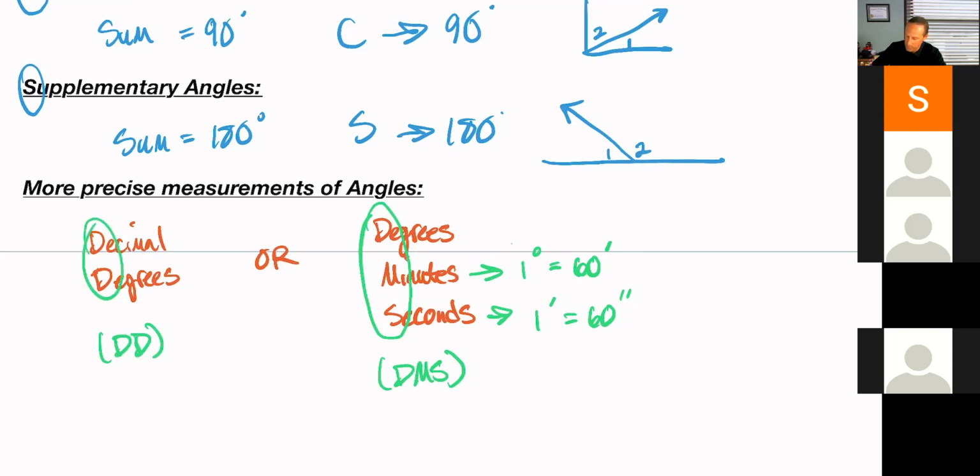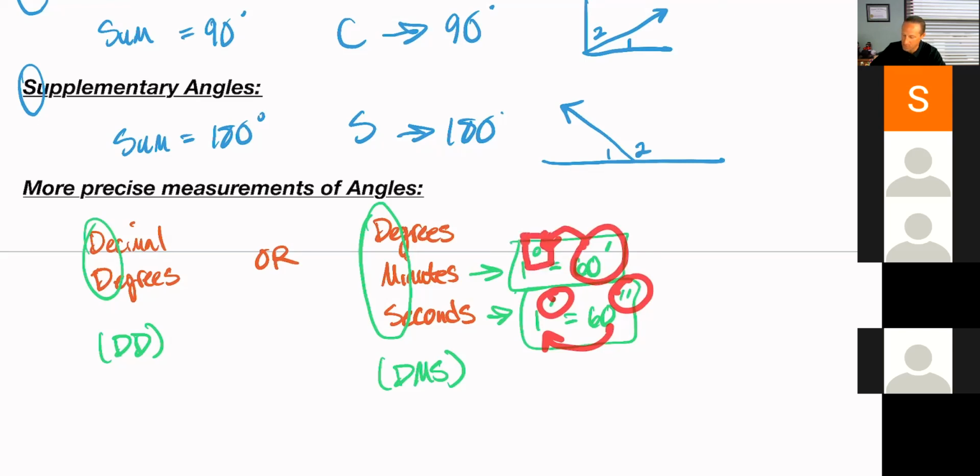The cool thing is, you guys already know that 60 seconds makes up 1 minute. And that 60 minutes makes up 1 hour. The only thing that you have to change now for measuring in this class is that 60 minutes makes up 1 degree. Okay?